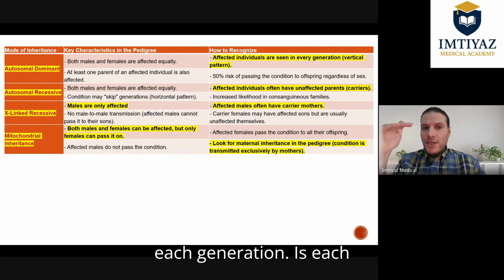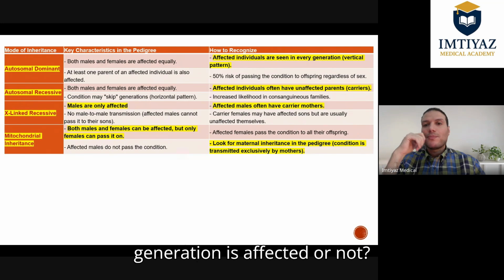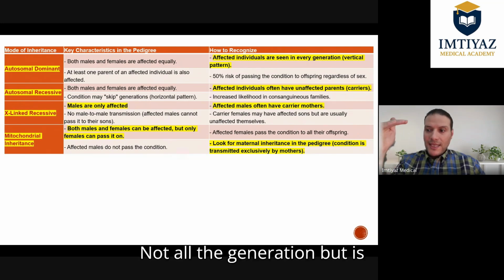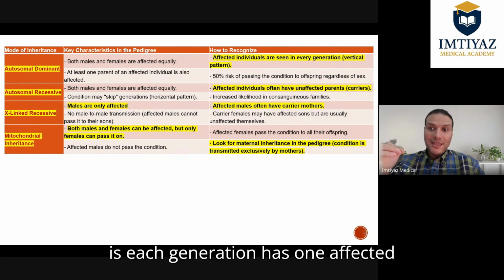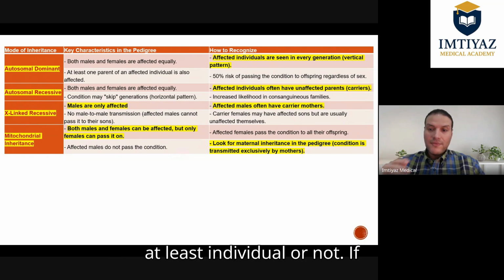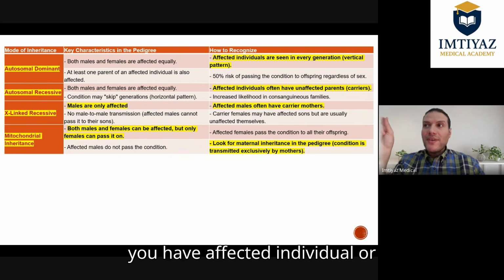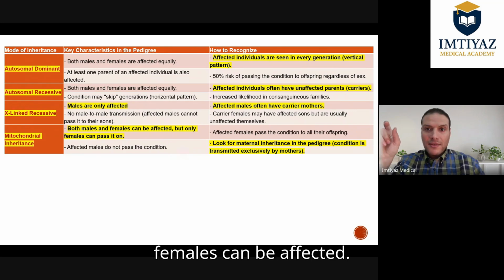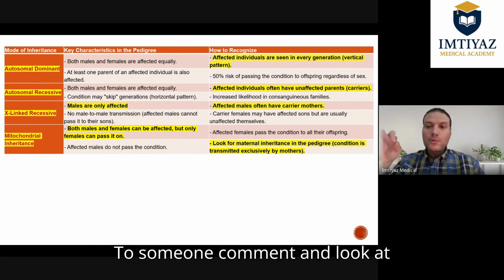Look at each generation. Is each generation affected or not? Not all the generations, but does each generation have at least one affected individual or not? If you have an affected individual or individuals in each generation, and males and females can be affected, think autosomal dominant.